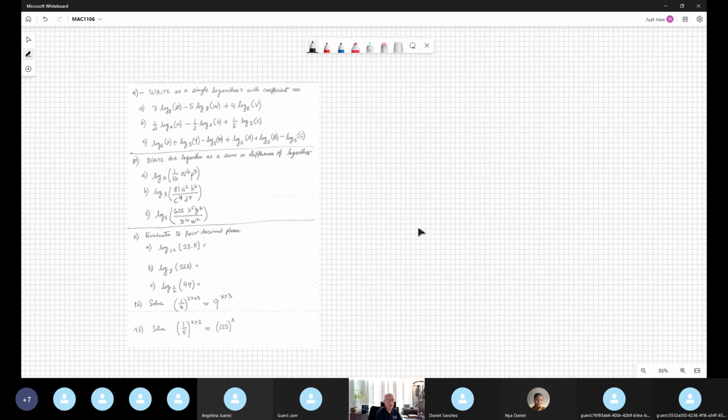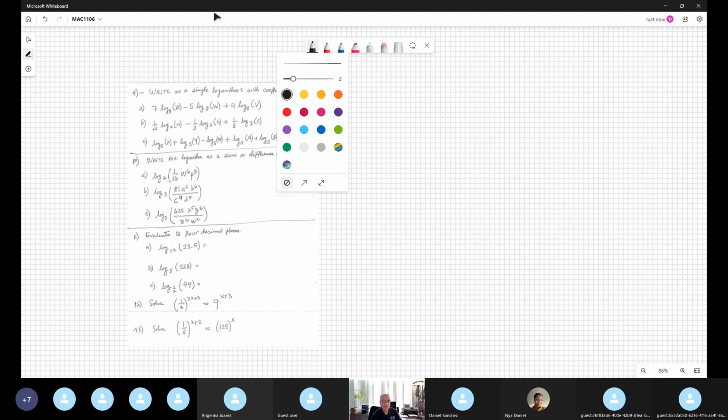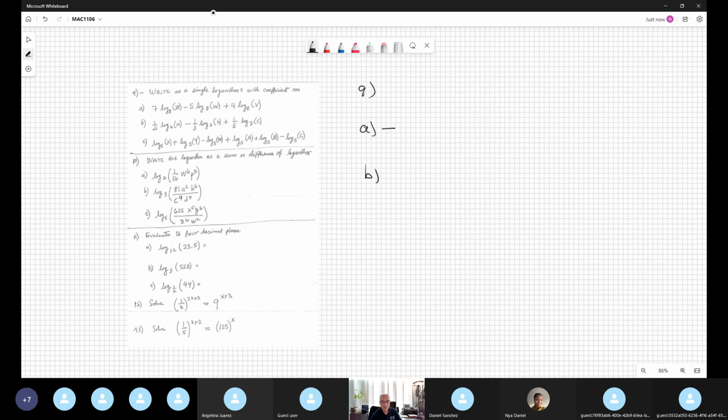Okay, number 9. Number 9 is write the simple logarithm with coefficient 1. So basically the idea is, given 3 statements in number 9, A, B, C again, we are using the properties we studied, maybe condensing or expanding, depending on the question.